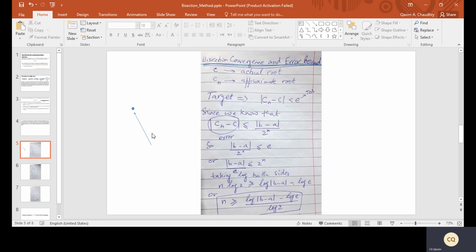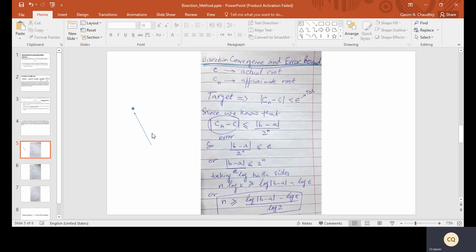Maybe even at the later stage, at the end of the day, you don't know the actual root because you are going to find the approximate root. लेकिन फिर भी चलें, you have simply assumed that C is your actual root, and now you are going to find the approximate root.